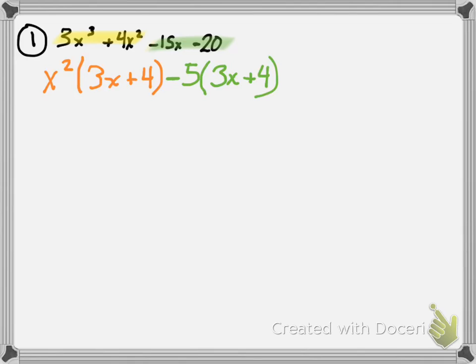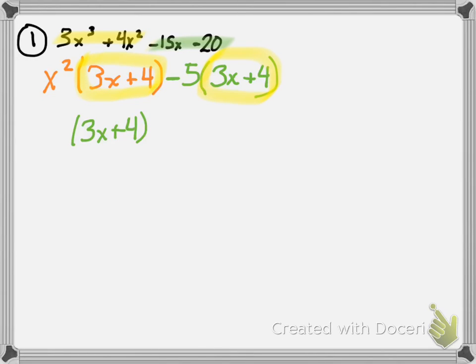Now at this stage, you should see what's inside your parentheses should match exactly. If it didn't, go back and look and see what you may have done wrong, because there's usually a minor mistake. These will always match up at this point. And so you write down what's in the parentheses once, 3x plus 4.